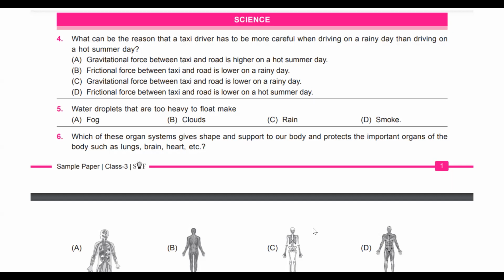Now, which of these organ systems gives shape and support to our body and protects the important organs of the body, such as lungs, brain, heart, etc.? Ma'am, I think I got the answer. Okay, tell me. D. Ma'am, C. Who told D? Dhani.